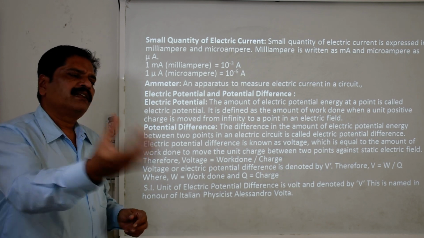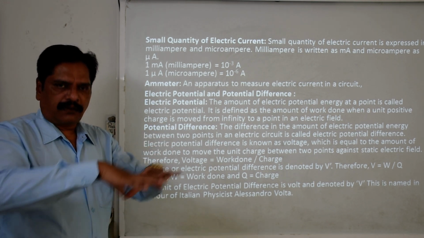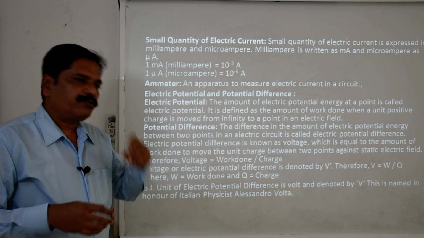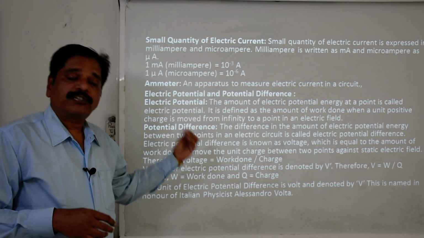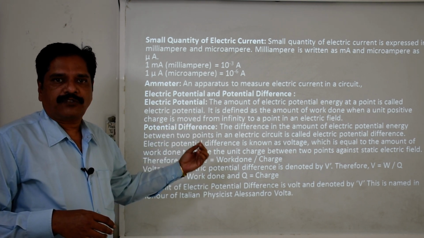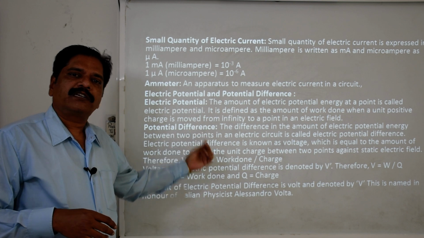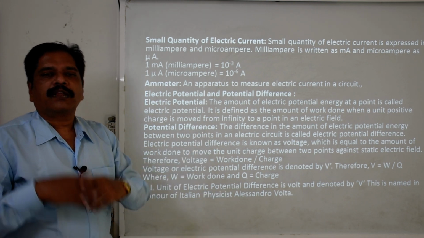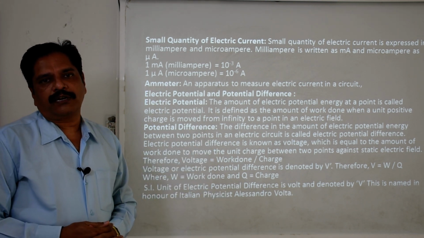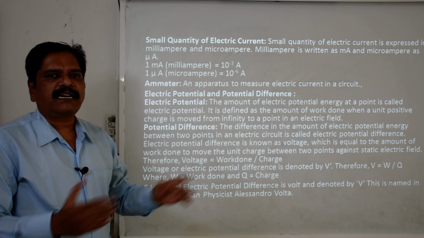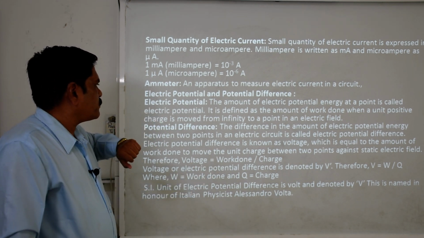Suppose there is a bunch of charges, and when you move a positive charge from infinity to that certain point, the amount of work performed is equal to the electric potential.